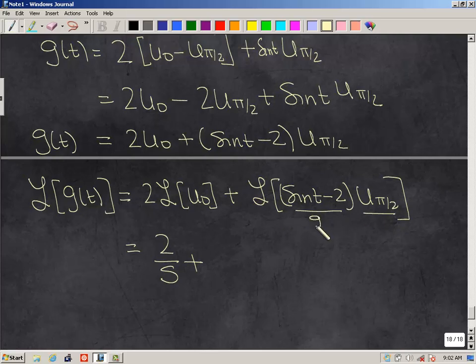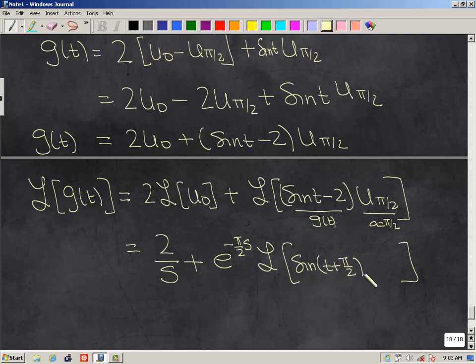So this we call g of t, if you recall, and a is pi over 2. So we get e to the minus pi over 2 s, times the Laplace of the function g shifted by plus a. So wherever you see a t, you write it as t plus a. So a is plus pi over 2, minus 2.